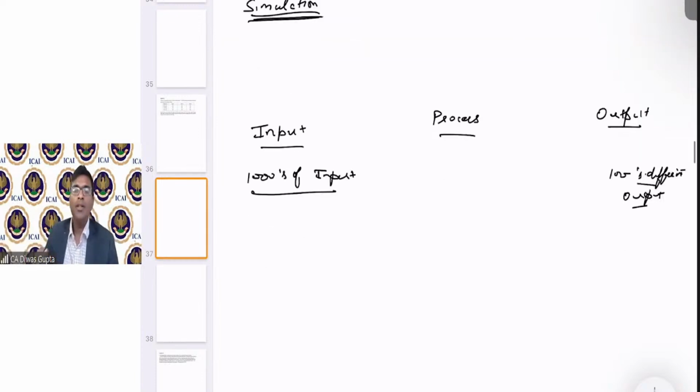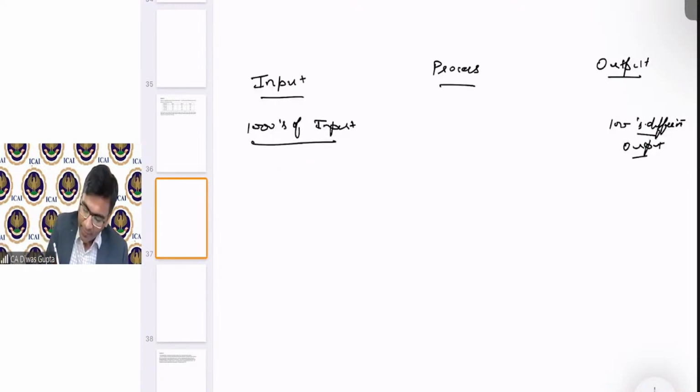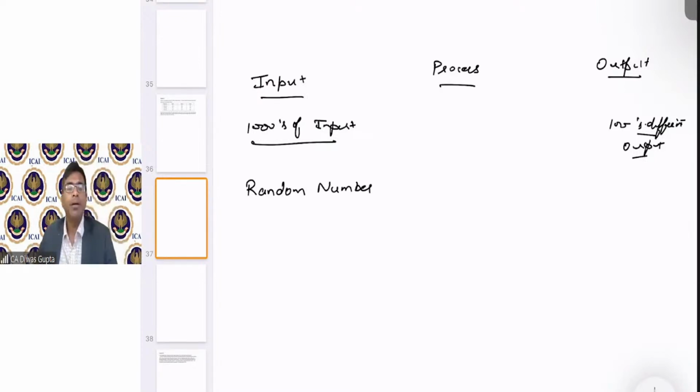Now, how are these inputs derived? Students, there is a concept called random number. By random number, what we mean is any random number you think of.